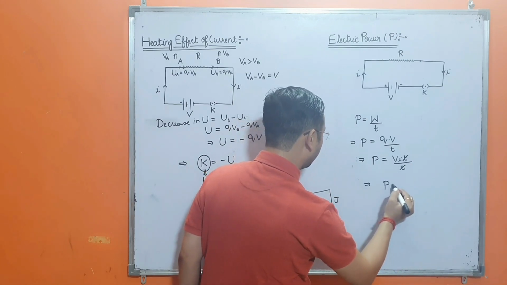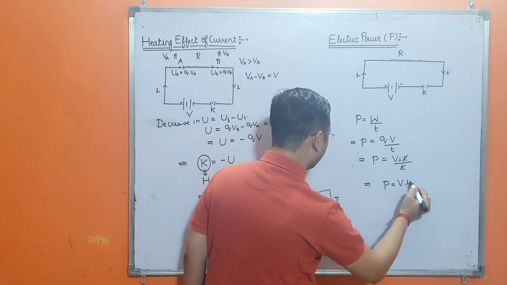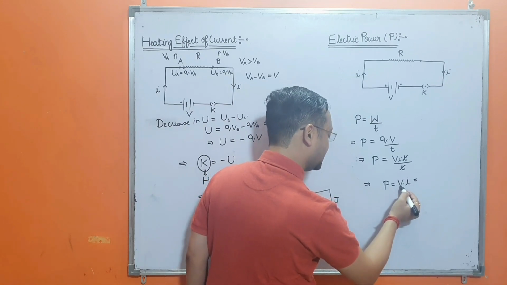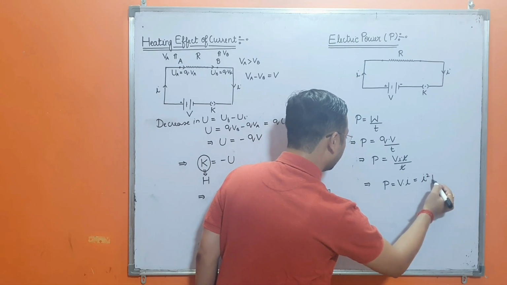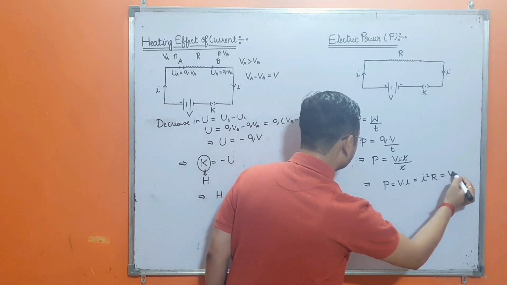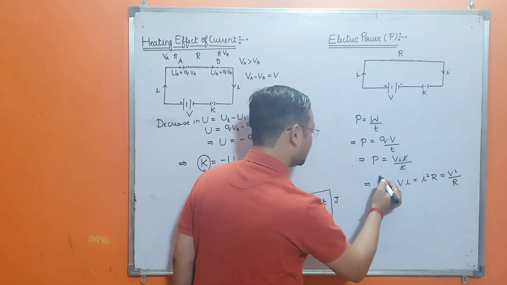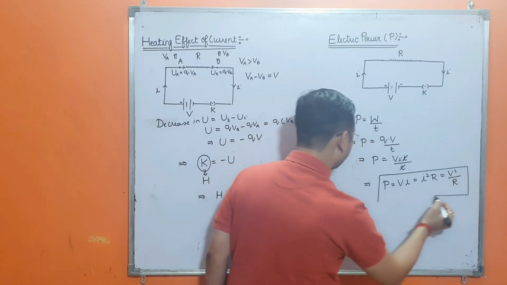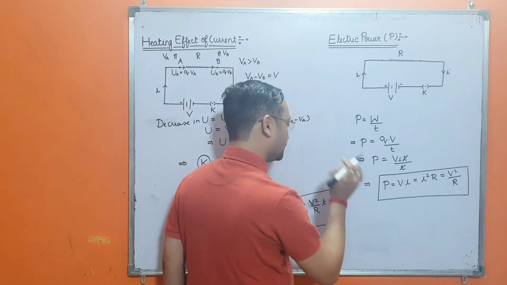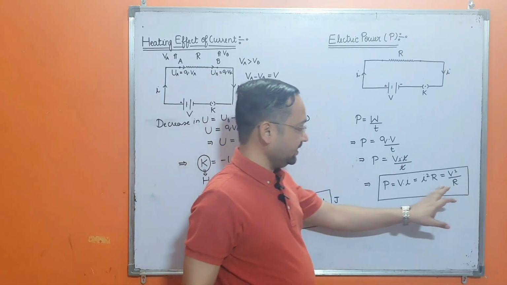Then the power will be equal to V into I. If I write V equal to IR, it will be I square into R, and with I equal to V by R, it can also be written as V square by R. So these are the three formulas for the expression of the electric power of the circuit.